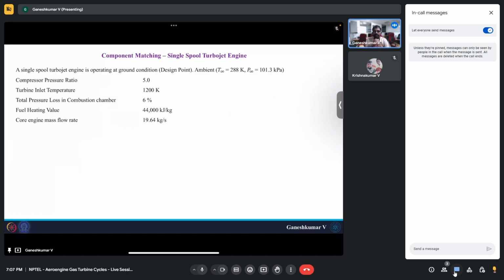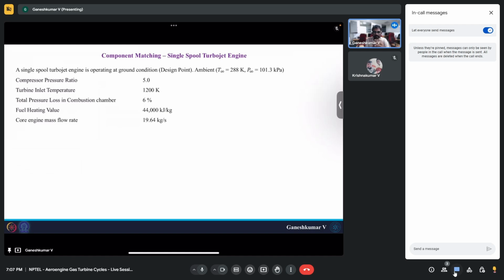Let's say you have a single spool turbojet engine. It's a small turbojet engine, and you have designed it for ambient condition. When I say design, you have selected the pressure ratio for the compressor, the turbine, the combustion chamber, and also the fuel flow rate for a required thrust.